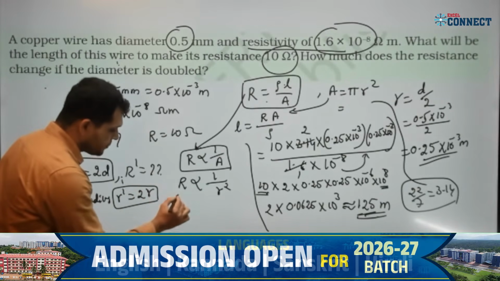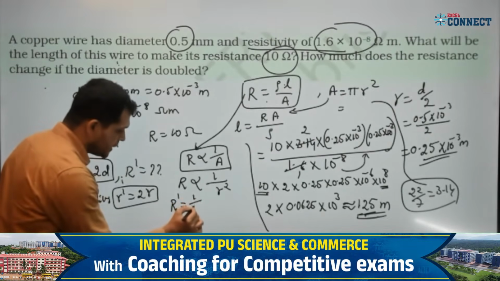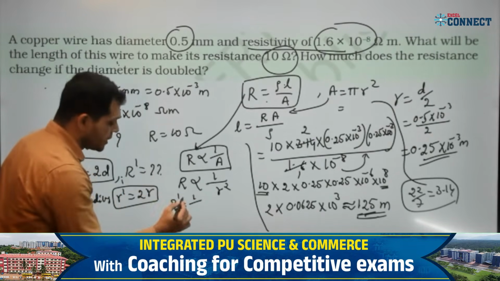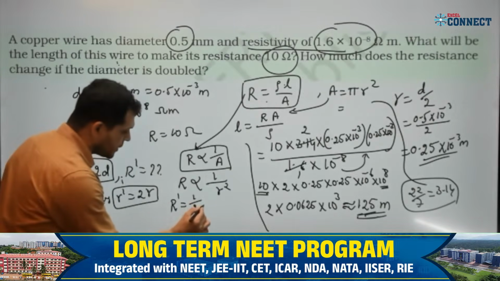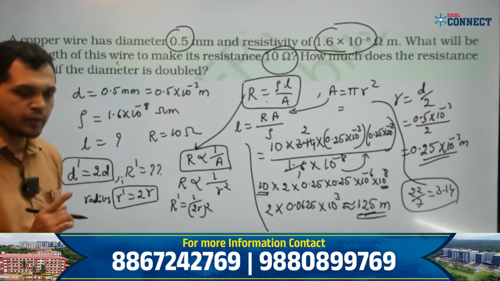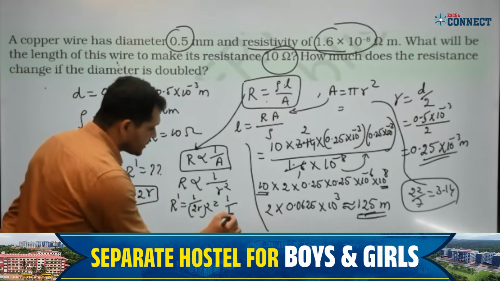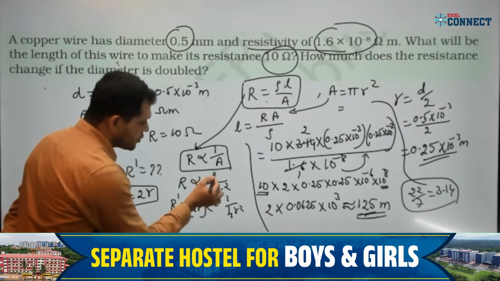R dash is proportional to 1 by r dash square, that is 1 by 2r square. Is it clear? 1 by 2r square means 1 by 4 times r square. What is 1 by r square?